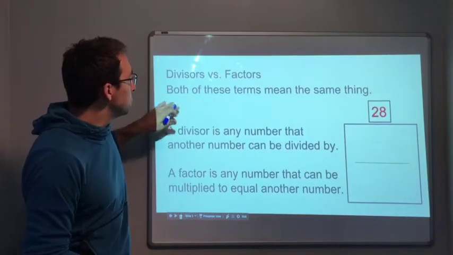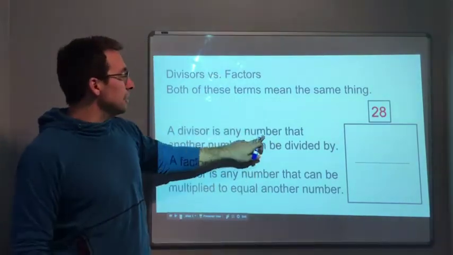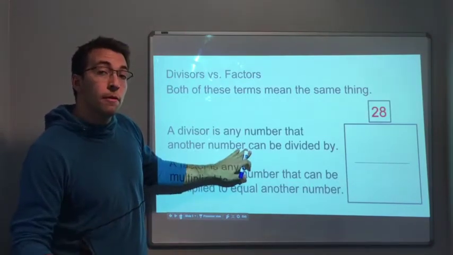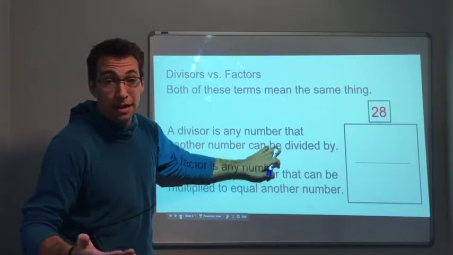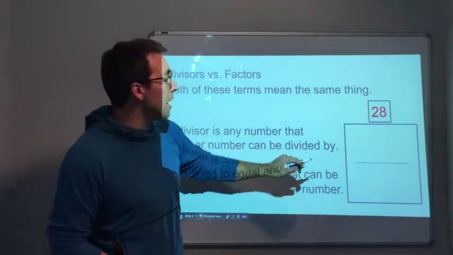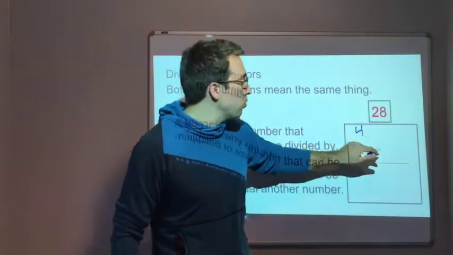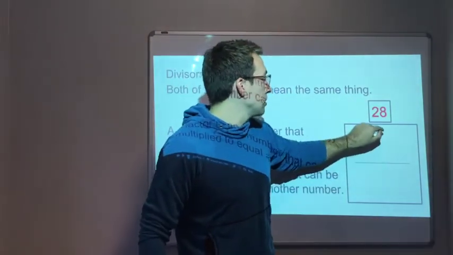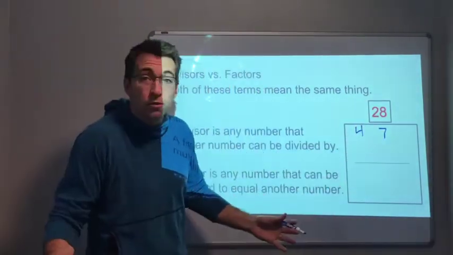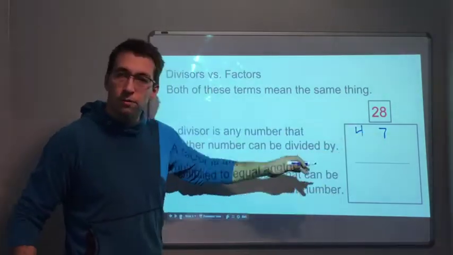Divisors versus factors. Both of these terms mean the same thing. A divisor is any number that another number can be divided by. So 28: we can divide 28 by 4. 28 divided by 4 equals 7, so 7 times 4 is 28. 28 divided by 7 is 4.